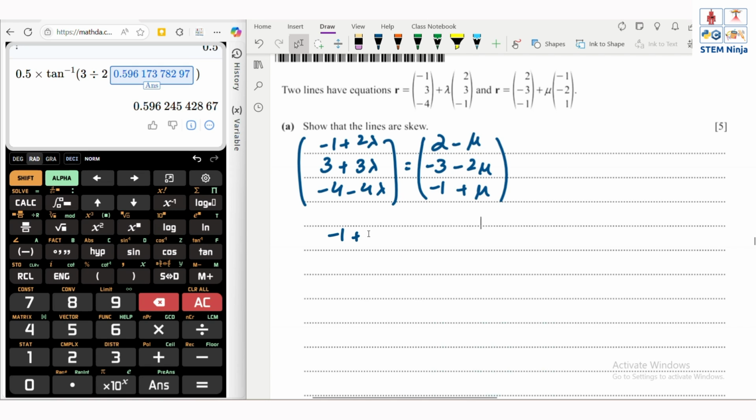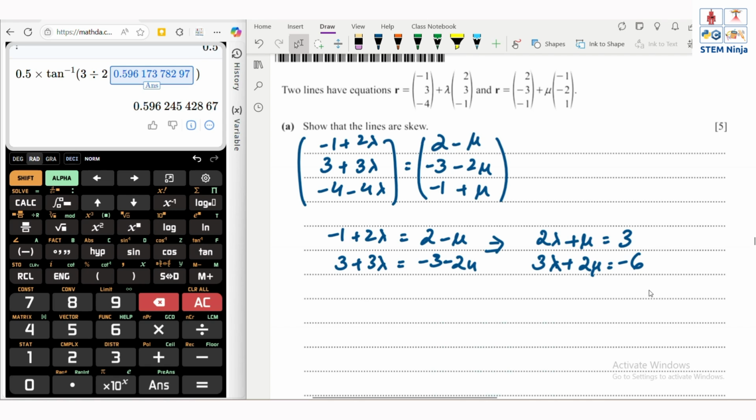So minus 1 plus 2 lambda equals 2 minus mu. 3 plus 3 lambda equals minus 3 minus 2 mu. So these two become 2 lambda plus mu equals 2 plus 1, 3. Second one, 3 lambda plus 2 mu equals minus 3 minus 3, minus 6.